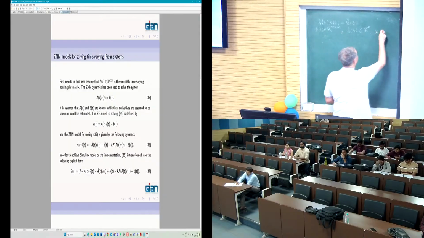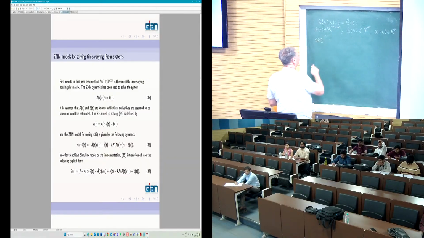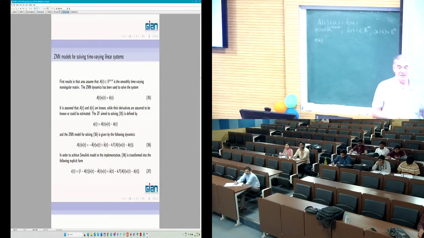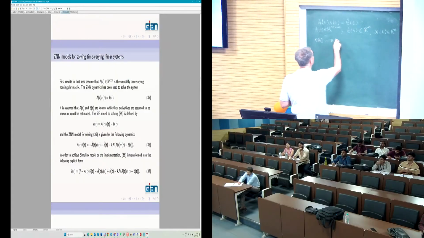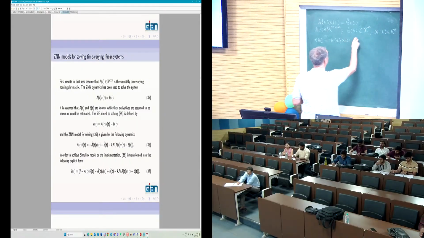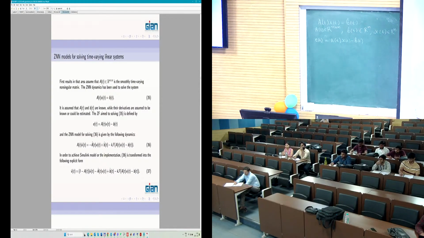The error function is defined, of course, which means it is a vector. First we consider it, of course, error function is A of t, x of t minus B of t. The general rule is when this equation is equal to 0, then we will obtain, of course, the solution of 35.